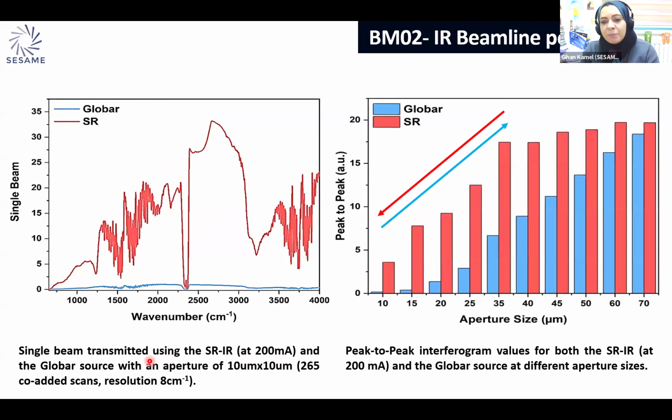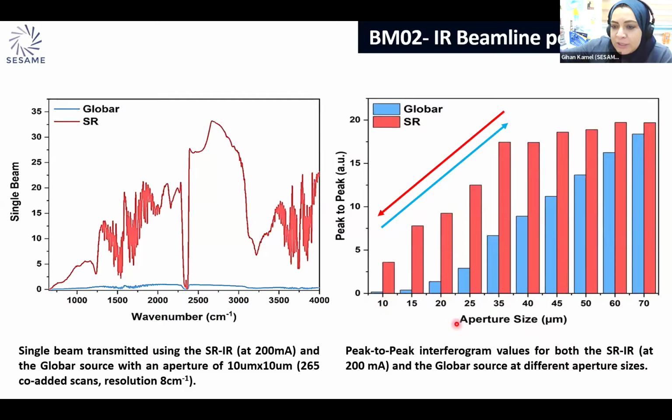And this is again a particular figure that you see for almost all our beamlines. You see a comparison between the signal that you are getting with respect to the aperture size. So if you are comparing the synchrotron, which is red, to the Globar, which is blue, you see here the aperture size: 10 by 10 micron square, 10, 15, 20.